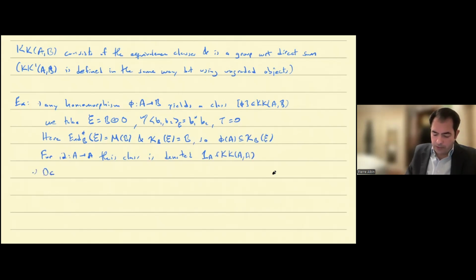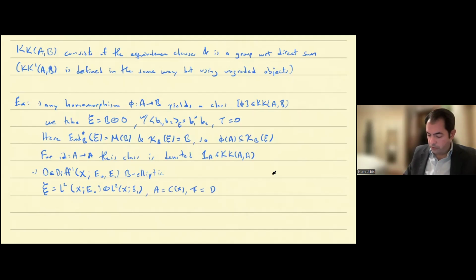Another example is if you have a differential operator or pseudo-differential operator of order 1 that's elliptic, then you can take as your Hilbert B-module the L2 sections, take as A the continuous functions and take as D the bounded transform of the operator.